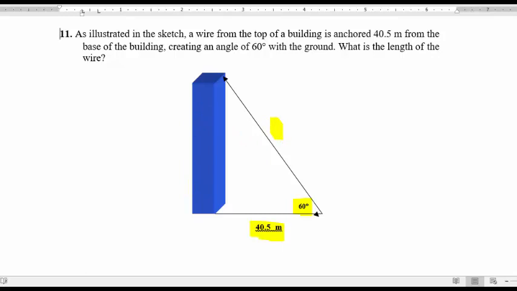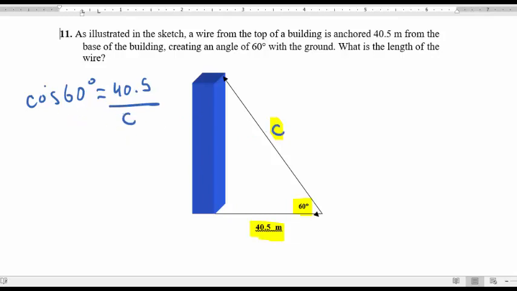So in this case, you have the angle 60, you have the side that's adjacent, and you have the hypotenuse. So when you're dealing with adjacent and hypotenuse is going to be the cosine. So you're going to use the cosine of 60 degrees, and that's going to be the adjacent, which is 40.5, over the hypotenuse, which is c.